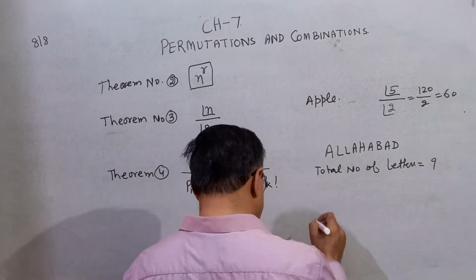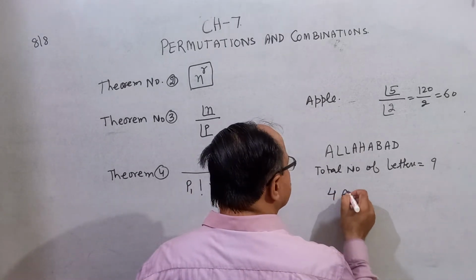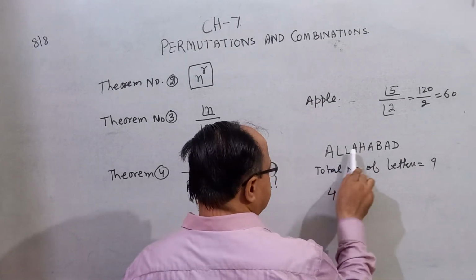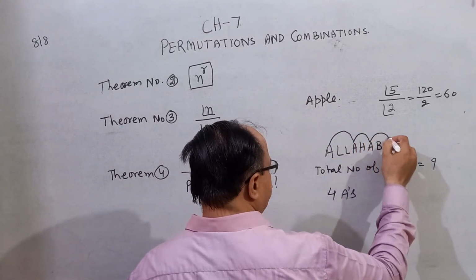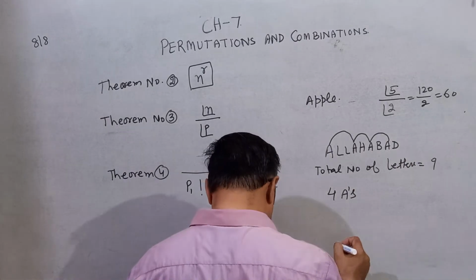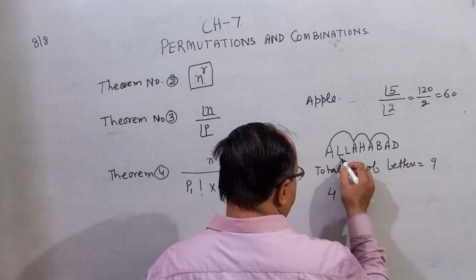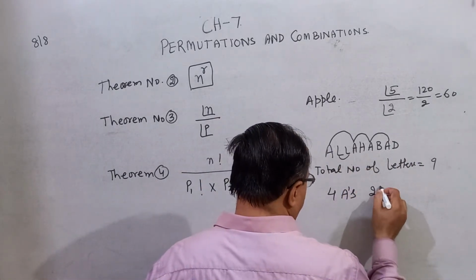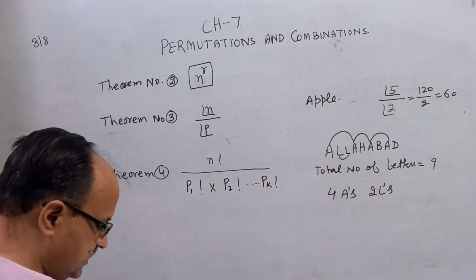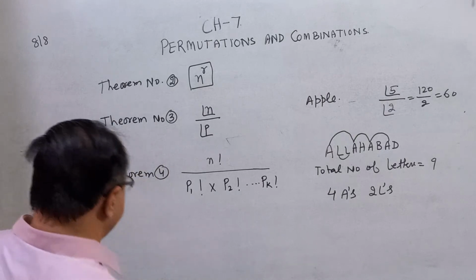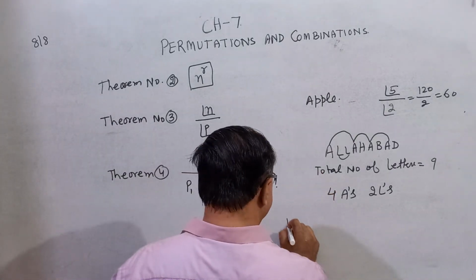And there are 4 A's: 1, 2, 3, 4. And you know that there are 2 L's, clear?